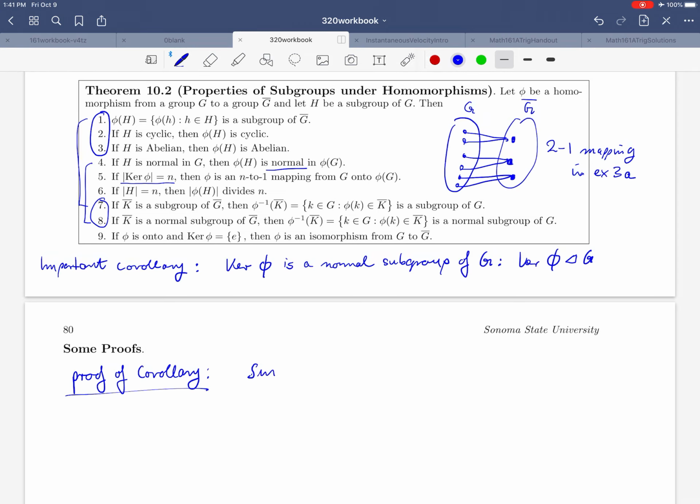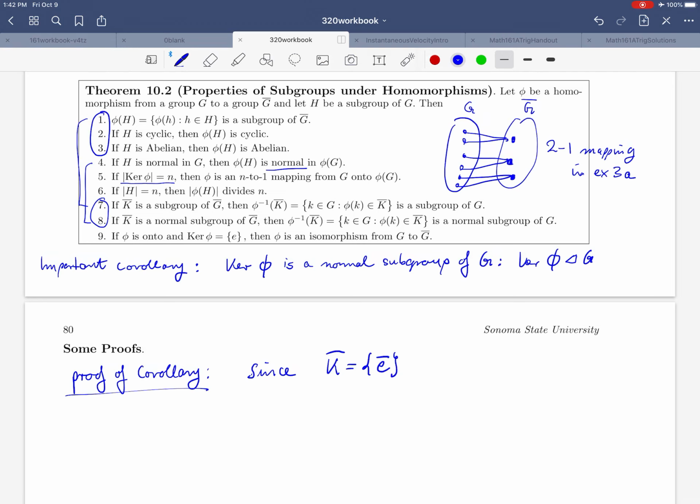So let's look at K bar, that as inverse image will give us a kernel. Well, what's the kernel again? The kernel of phi is all the elements in G that map to E bar. So it's really the inverse image of E bar, since it's in G bar. So the inverse image of E bar is the kernel.